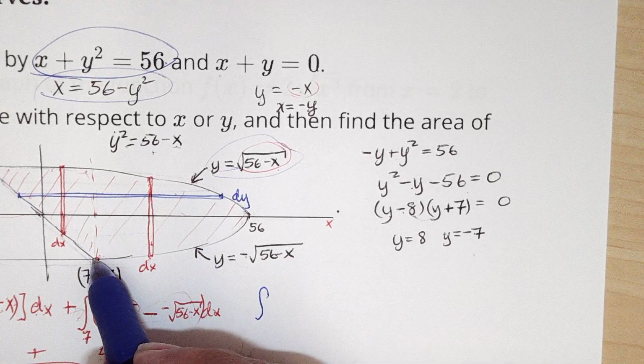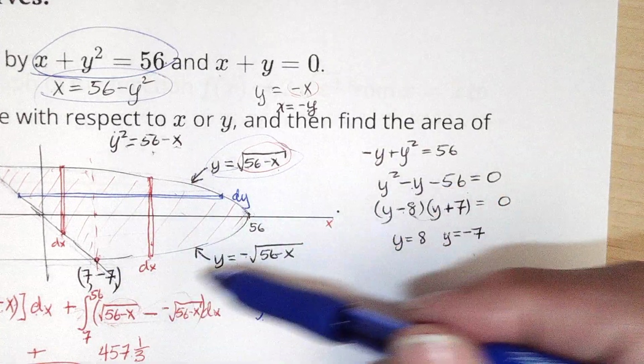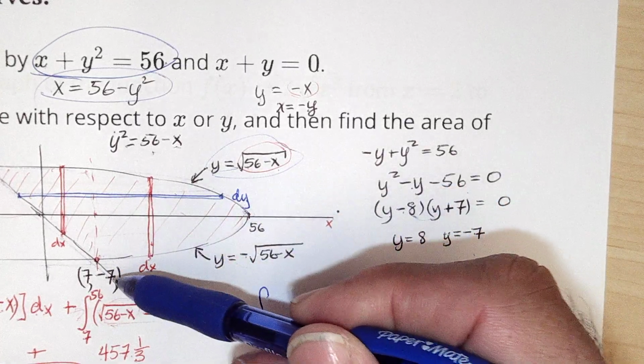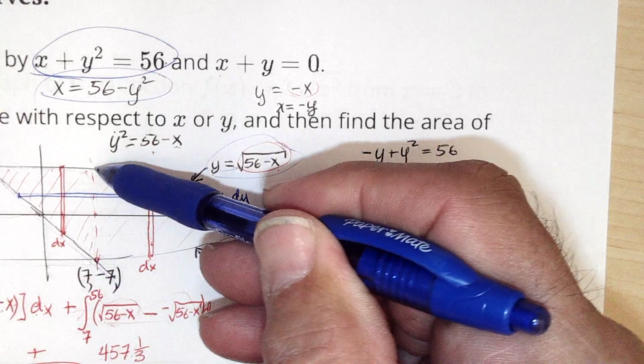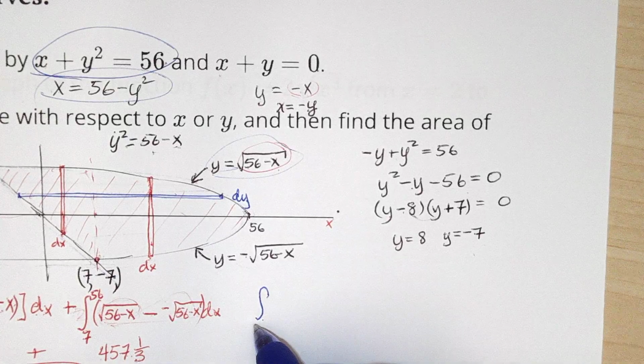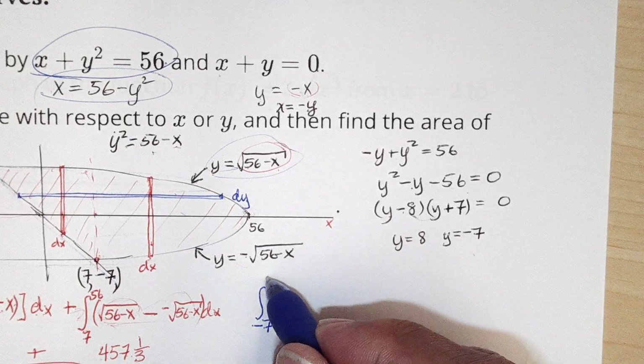So I can just do it in one integral, and since I'm doing dy, I have to look at the y's, and y starts at -7 and works its way up to +8.